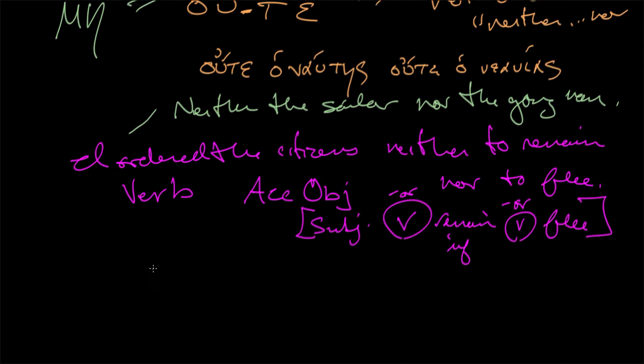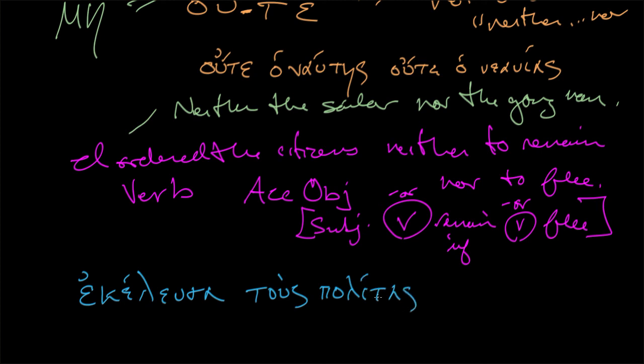Let's move. I ordered. Let's start off with that. So past tense, past indicative augment. Let's make it aorist. Well, getting ahead of myself. Ekeleusa means I ordered. Ekeleusa, the citizens, which will be tous politas, the citizens, neither to remain, mete menein.